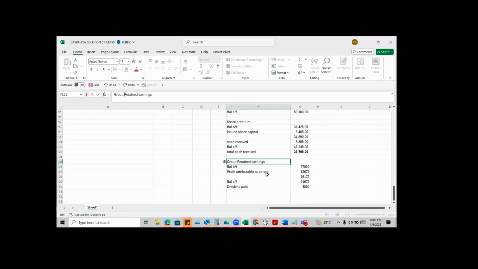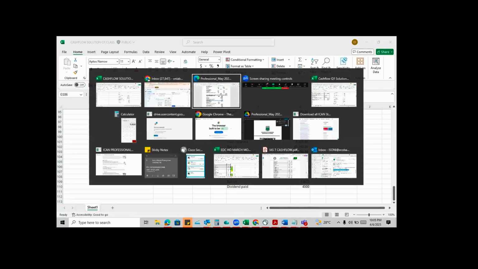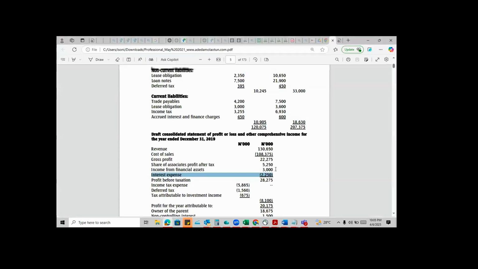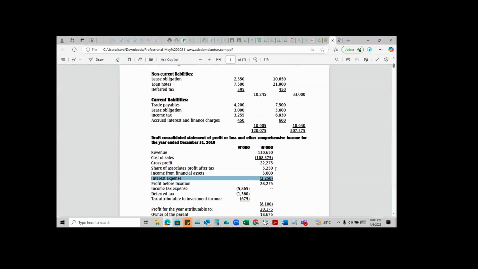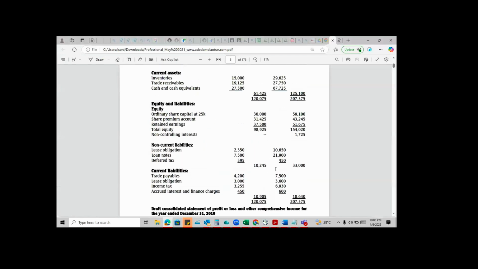So we are trying to use it to know what must have happened. We said we had a balance brought forward, 37.5. Abby, this is the balance brought forward. Now, what should cause my retained earnings to increase actually is the profit.